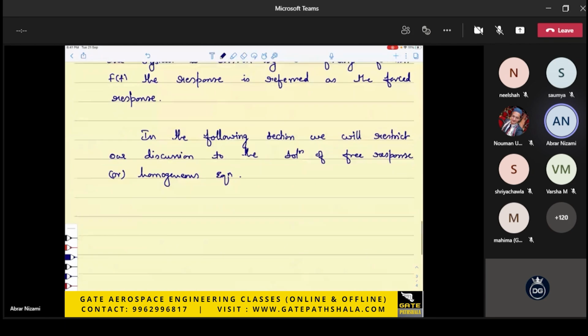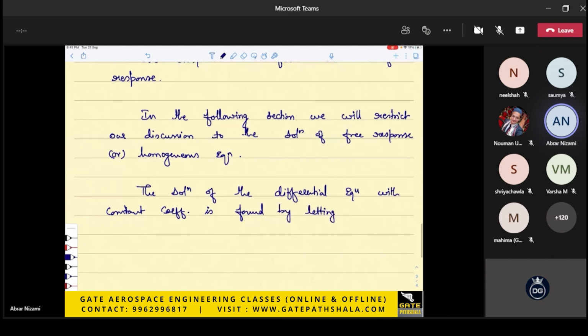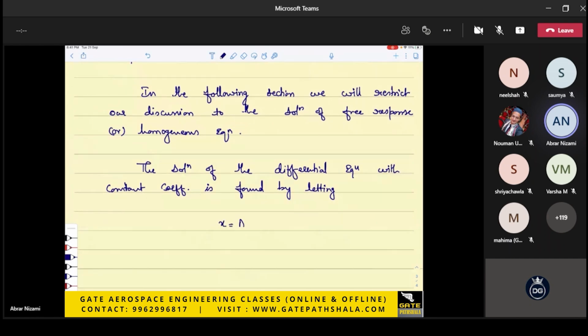So, the solution of the differential equation with constant coefficients is found by letting x equals a e power lambda t.